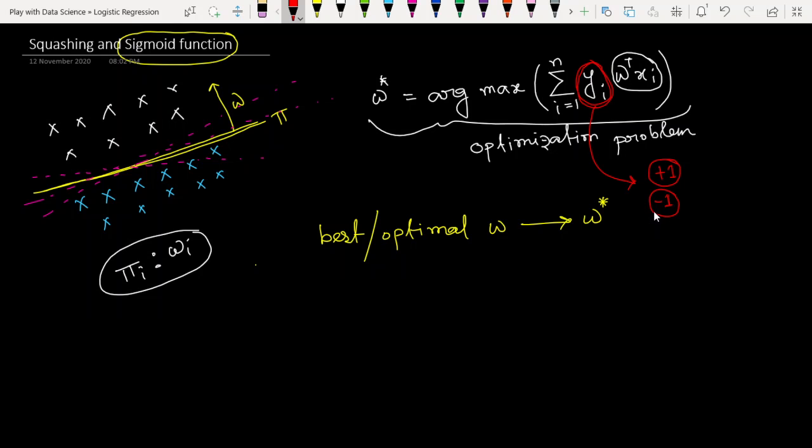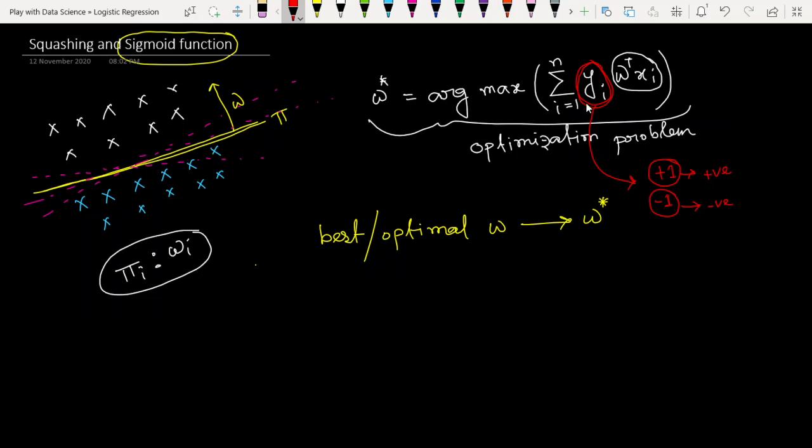Later in this chapter we will learn how to build a multi-class classifier using logistic regression. yi carries two values, +1 and -1. We assume +1 is the positive class and -1 is the negative class.